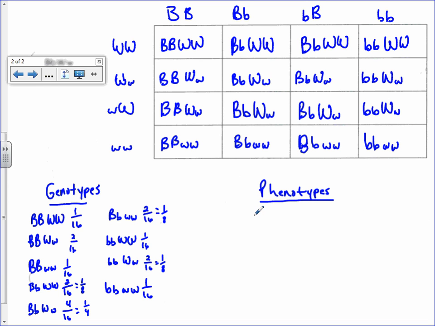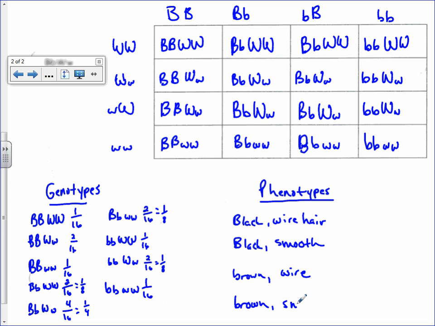All right, so the possible phenotypes are going to be a black dog with wire hair, or we could have a black dog with smooth hair, or we could have a brown dog with wire hair, or we could have a brown dog with smooth hair.